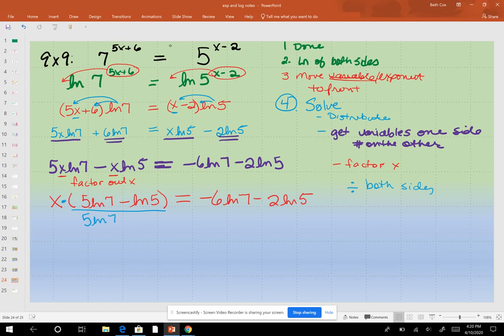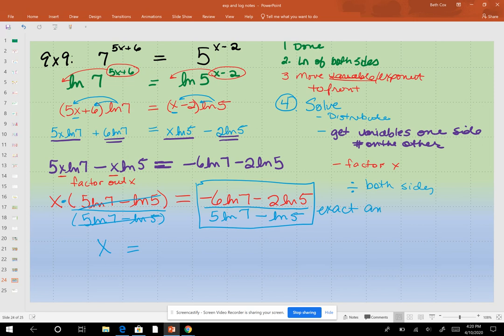Divide both sides by this, and x is by itself. And so I'll do that over here: 5 natural log 7 minus natural log 5. And that's it. That is my exact answer right there. I've solved for x.